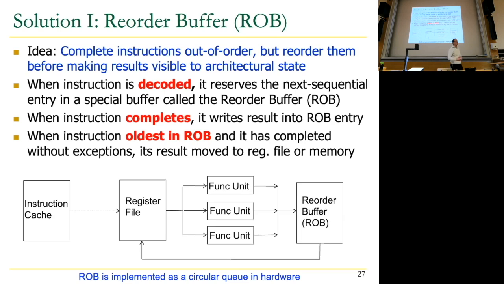And you keep doing that for the next oldest, next oldest, next oldest. This way, you can enable the architectural state to be preserved precisely, but you also enable out-of-order completion of instructions. Now, that's the good thing. You get higher performance, and you also have von Neumann semantics obeyed.